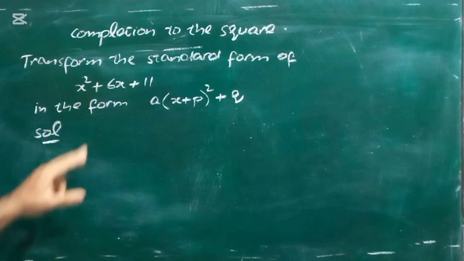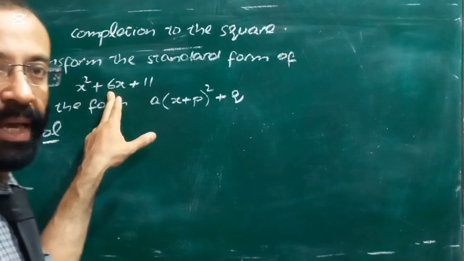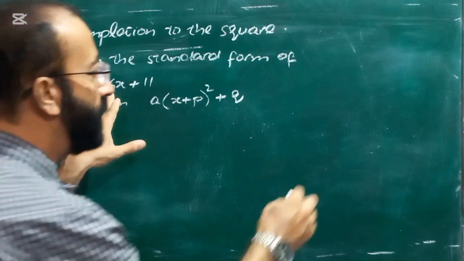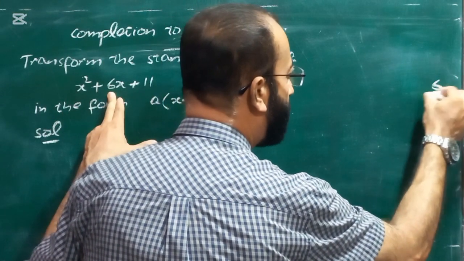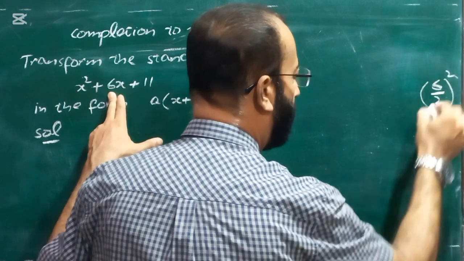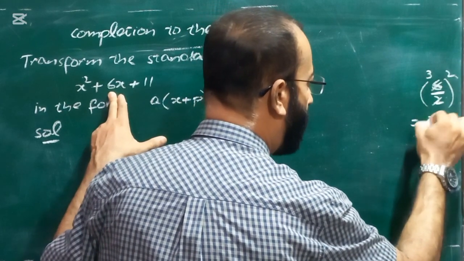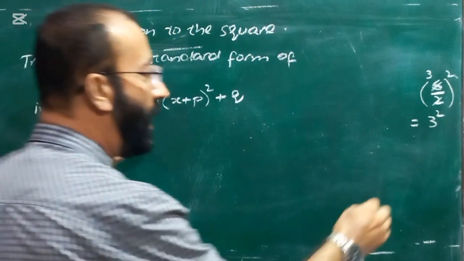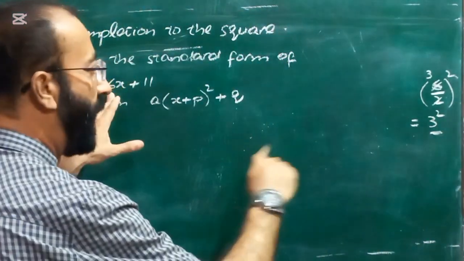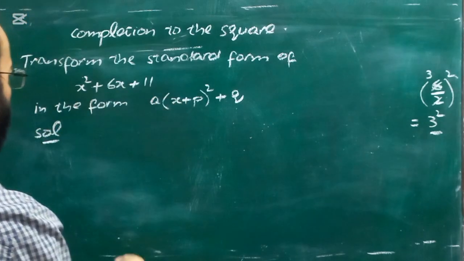The second step is to take half of the coefficient of x, so that is 6 by 2. Take its square: 2 threes are 6, so 3². Add and subtract this term in the equation.